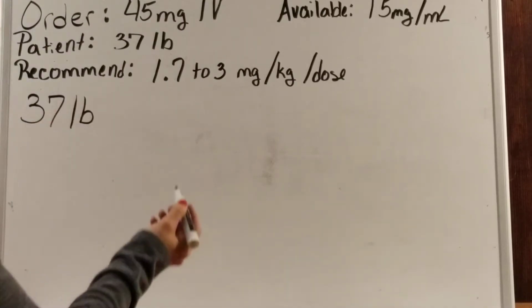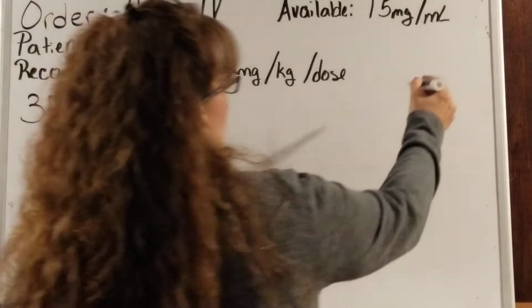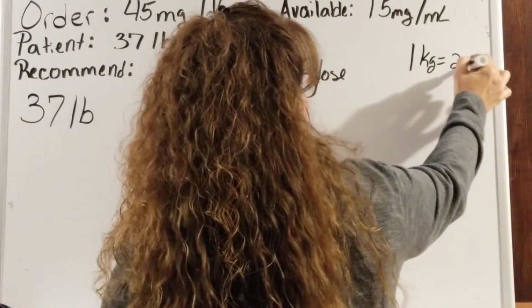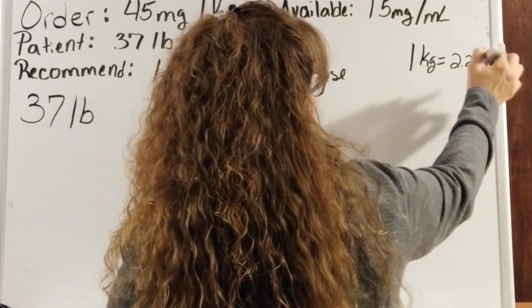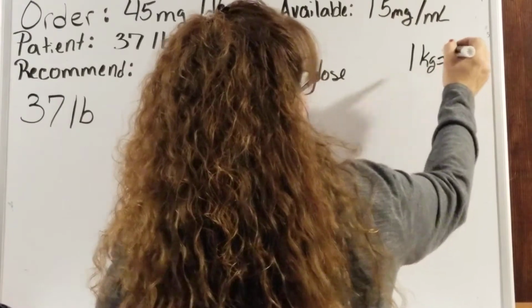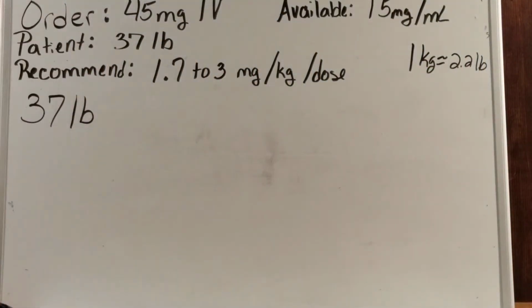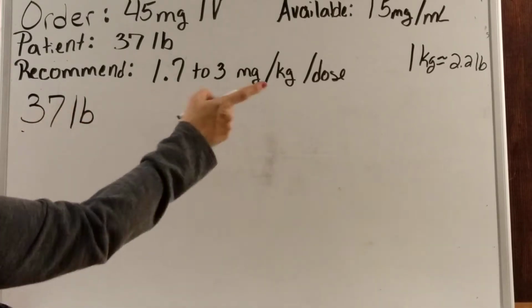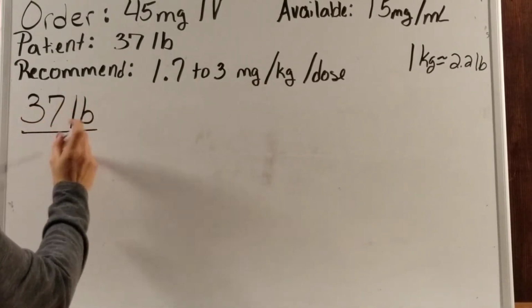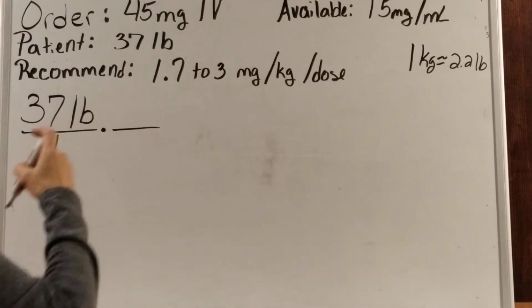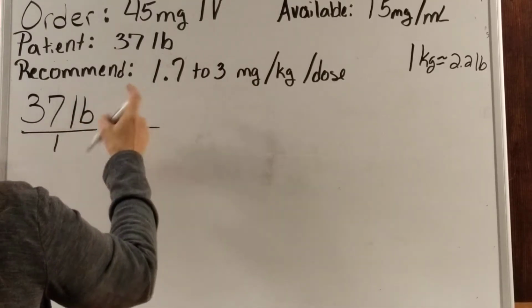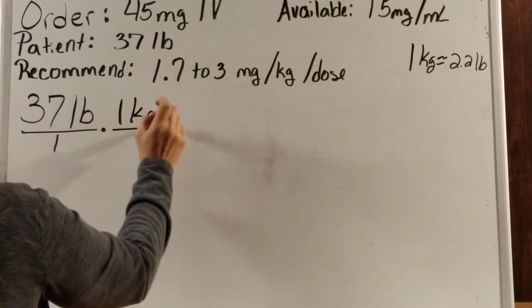So what do we know about a patient's weight? Well, we know for every 1 kilogram, that is approximately 2.2 pounds. I know that I have one patient, so I put the 1 underneath the patient, and I'm going to convert. I want kilograms, so that needs to go on top.